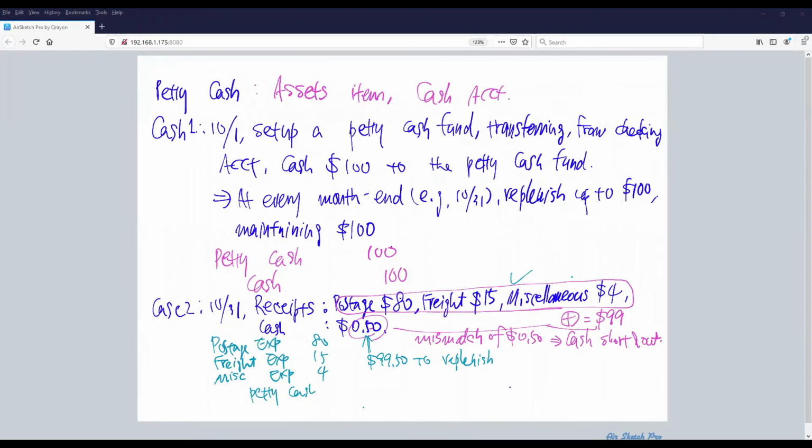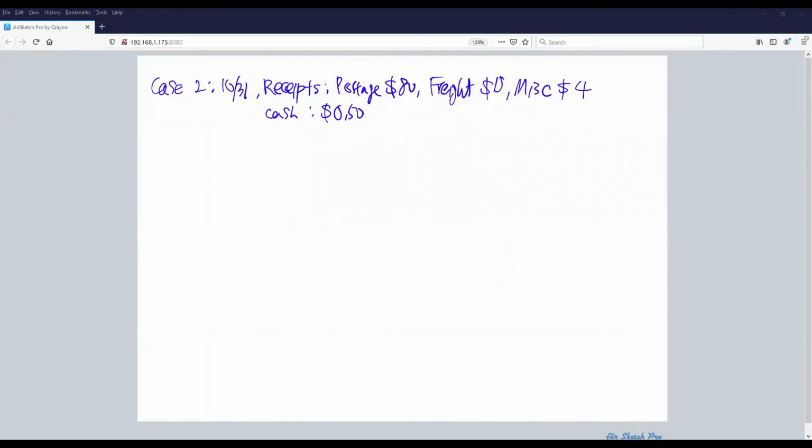Yeah. Then your journal entries are postage expense 80, freight expense 15, miscellaneous expense $4. And then you need to replenish, you need to debit petty cash.